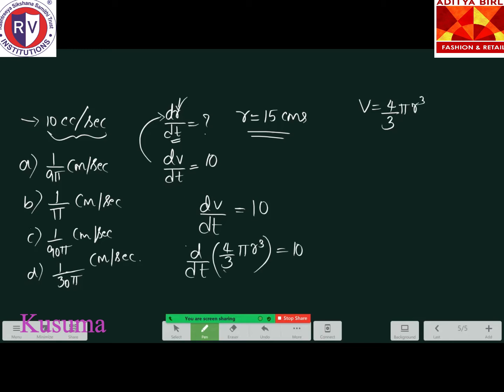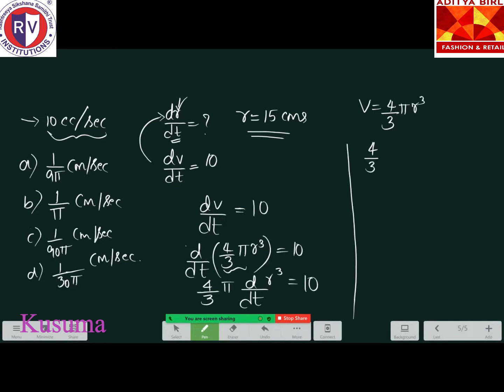Now 4 by 3 pi is a constant. Let us take it outside. We want to find out the differentiation of r cube with respect to t, which will be equal to 10. Let us differentiate d by dt of r cube.